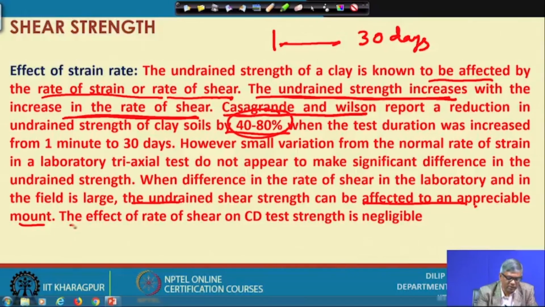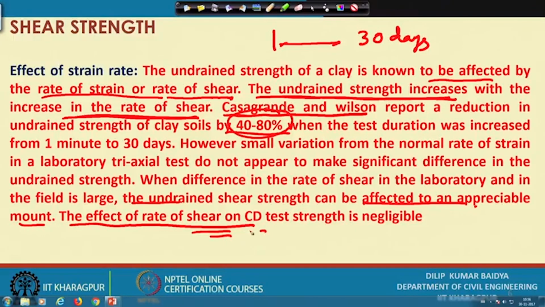Whereas in a CD test, that is a consolidated drained test, there is hardly any effect of strain rate. So strain rate does not have much effect on a CD test. These are the few observations: with a change of strain rate there is an increase of undrained strength, whereas in the CD test generally there is no change.